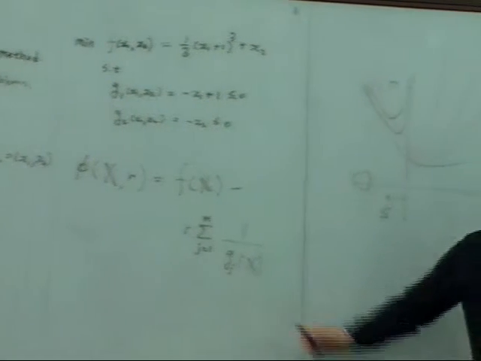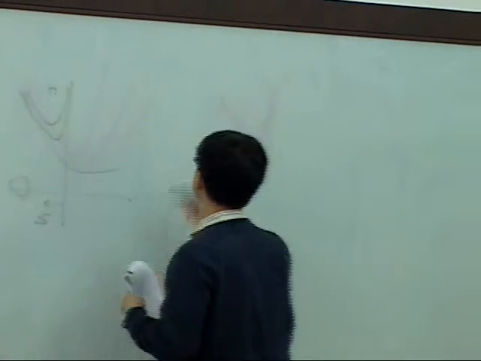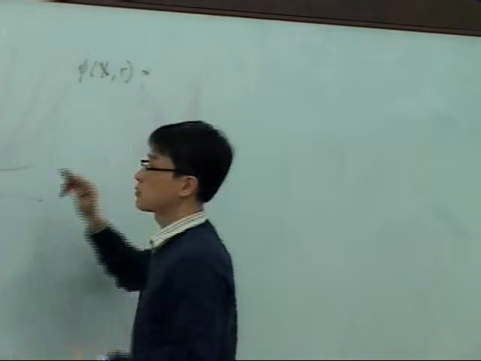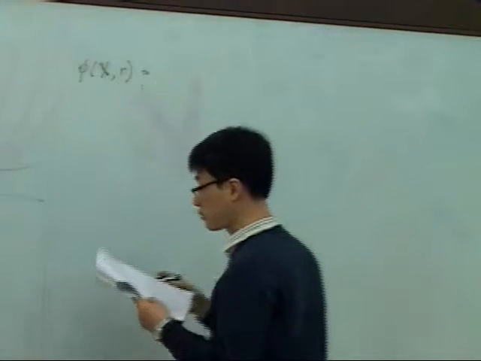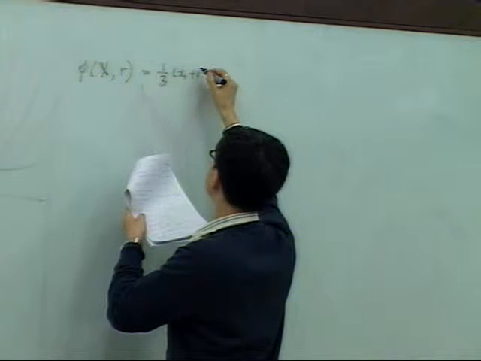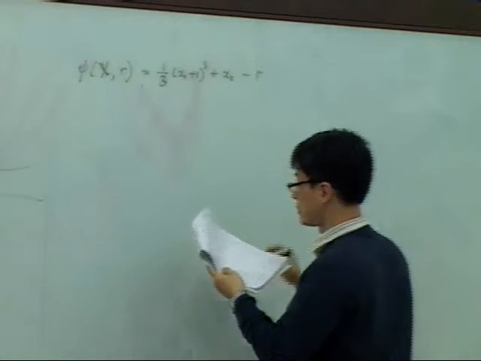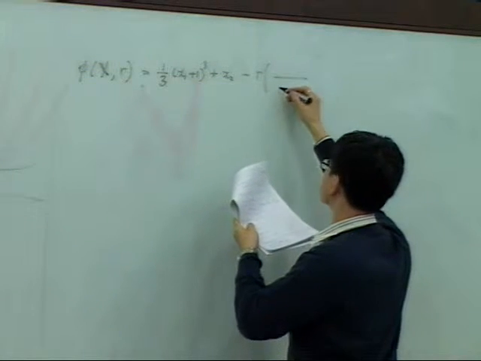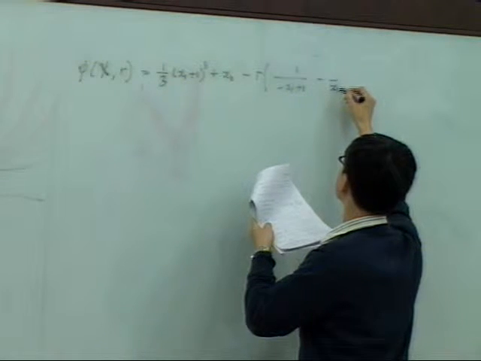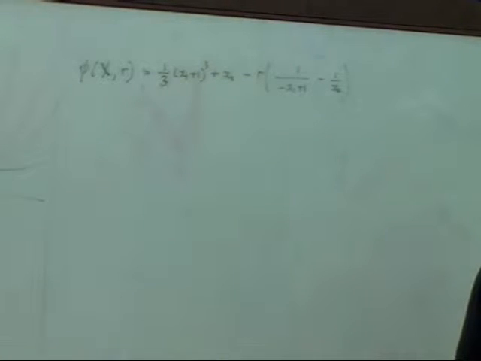Okay, utilizing this form of function, we can write our function phi for this specific problem. It is... that's our new objective function.